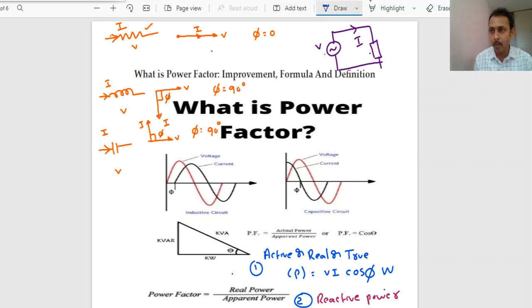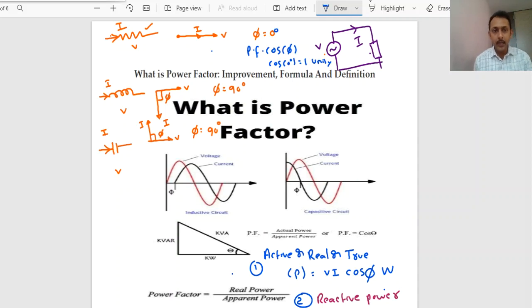This is very important. The voltage and current will be in phase, and the angle between voltage and current is 0 degrees. Now if you are asked about the power factor, cos phi, cos 0 degrees is 1, the power factor is unity.